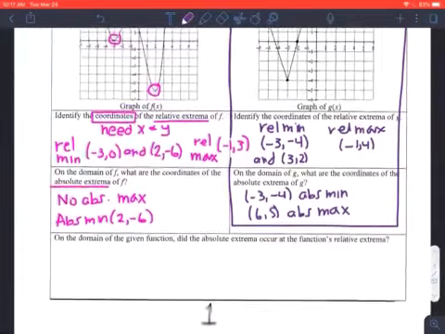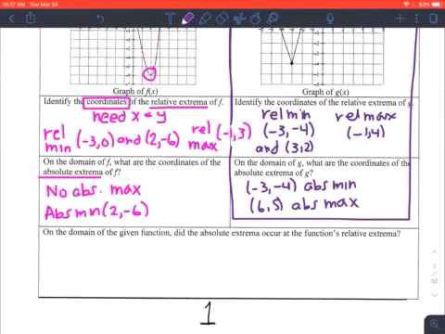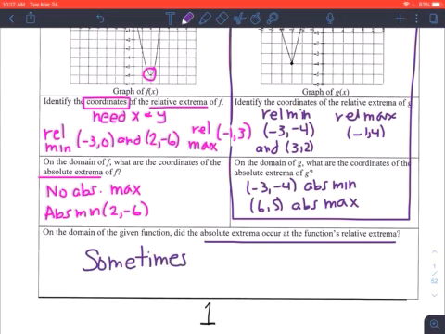All right, so then they ask us this question: did the absolute extrema occur at the function's relative extrema? Well, sometimes it did, but not every time. This is going to be important later on, so we're going to talk about that in a little bit.